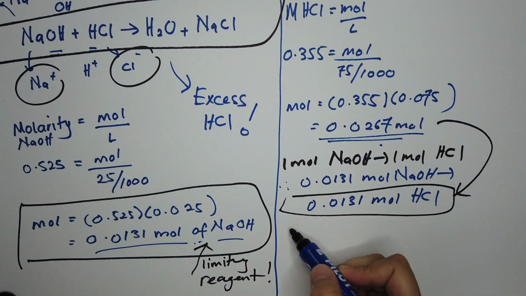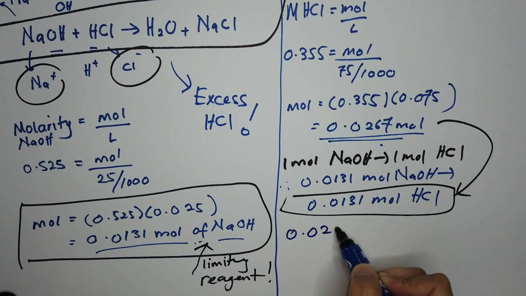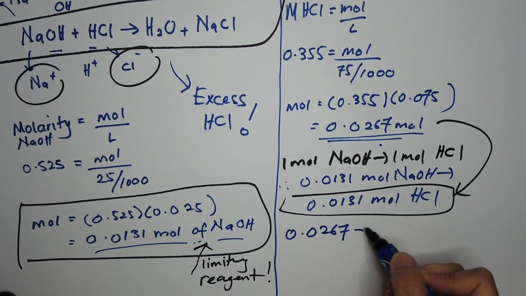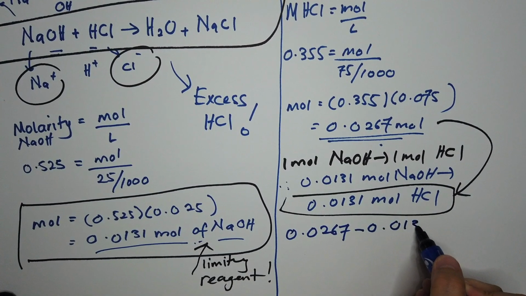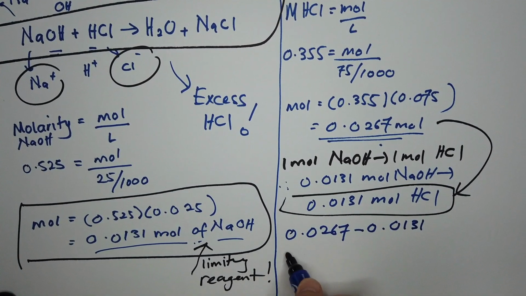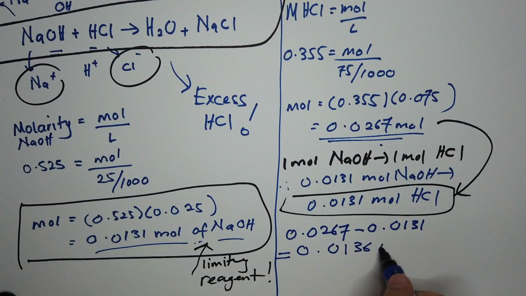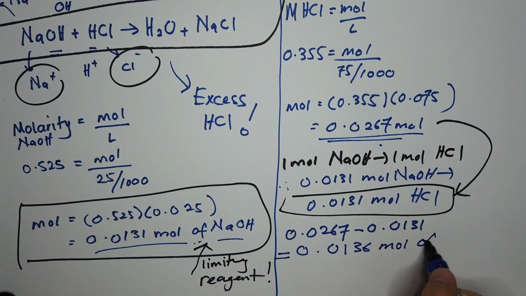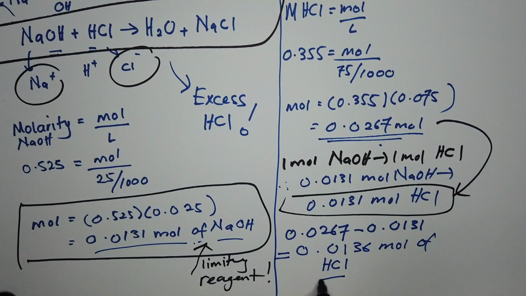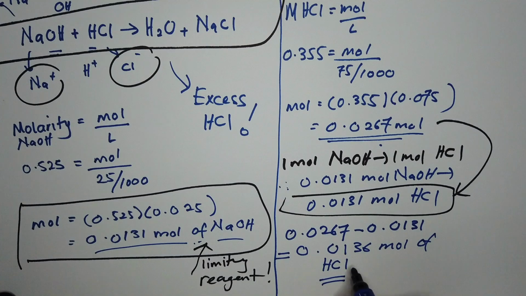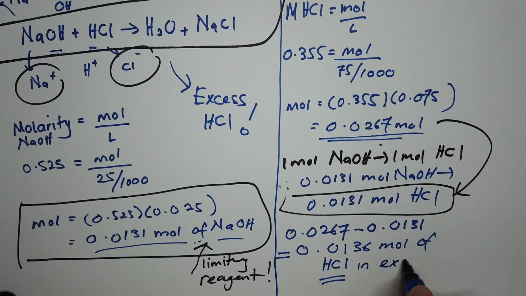At first you have 0.0267 mole, and then you only use 0.0131 mole. So the balance is 0.0136 mole of HCl. This is the number of moles of HCl in excess.